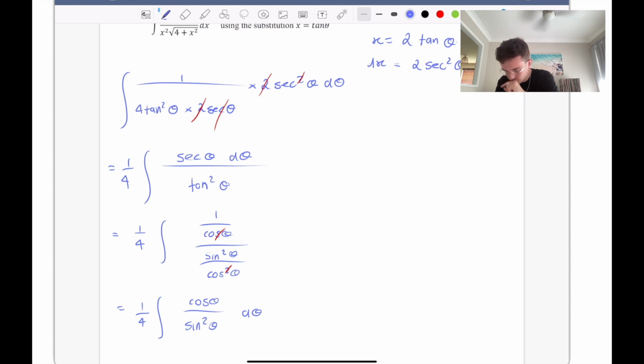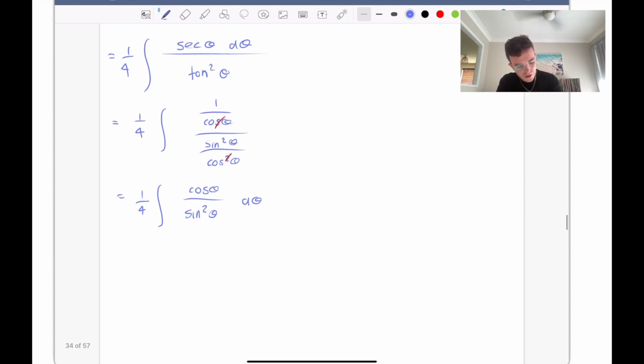Okay. We're almost there because I can say that this is equal to 1/4. Now I'm thinking maybe we could use 1 minus sine squared, 1 minus cos squared theta, and then use a difference of 2 squareds. But alternatively, we might try a different approach.